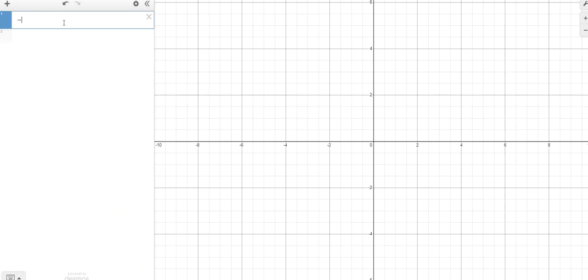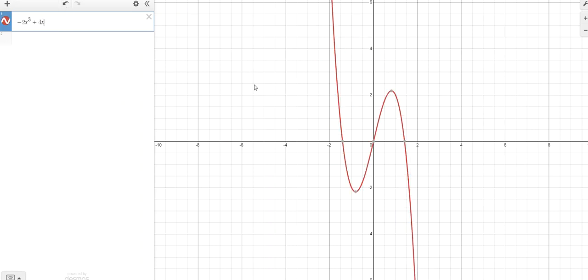So we had a negative 2x to the third plus 4x. What we found is this point has a horizontal tangent, and this point has a horizontal tangent. Notice the negative 0.816, the positive 0.816.